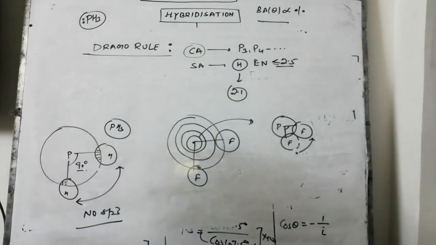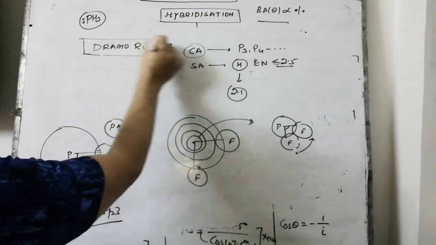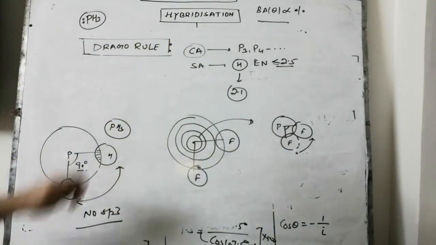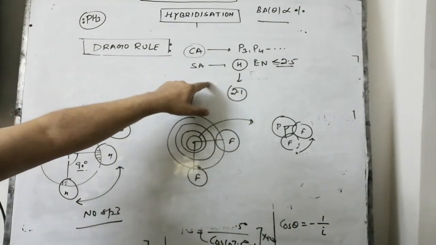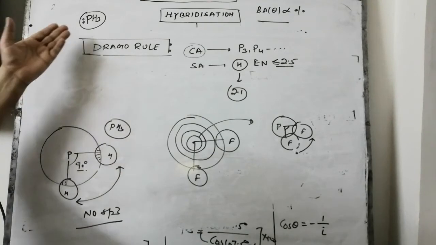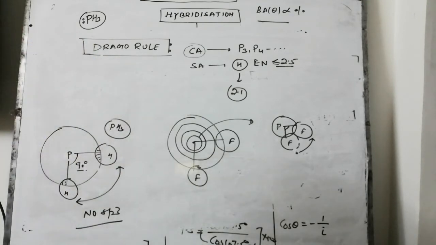So this is the empirical statement of Drago's rule. Once again, if the central atom belongs to the third period or onward and the side atom has electronegativity equal to or less than 2.5, then in such a situation the central atom doesn't undergo any hybridization, and the lone pair of electrons in this case remains purely in the s atomic orbital and becomes a stereochemically inactive lone pair.